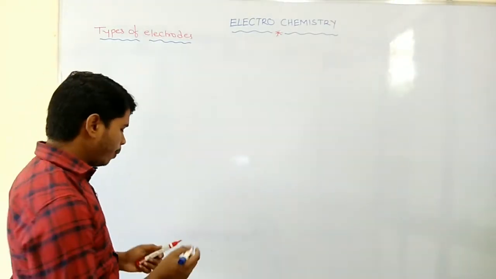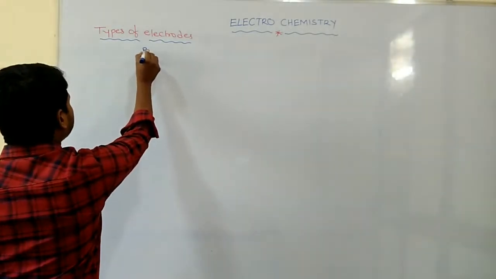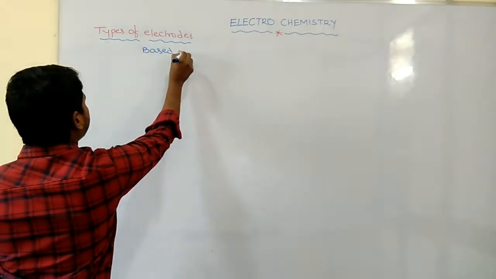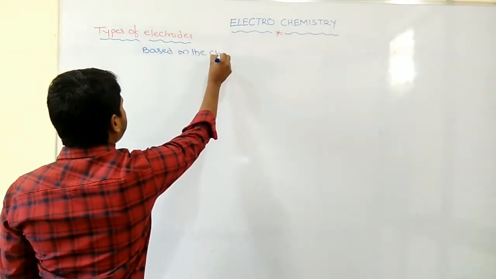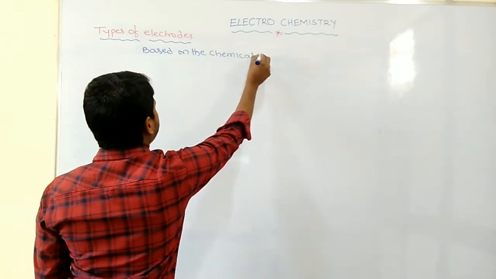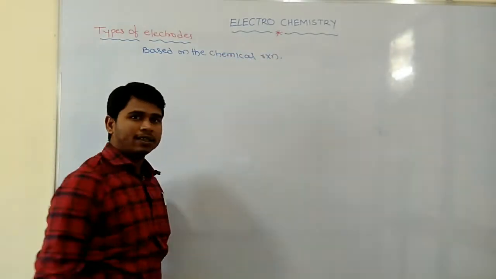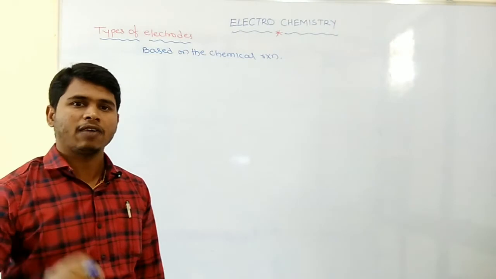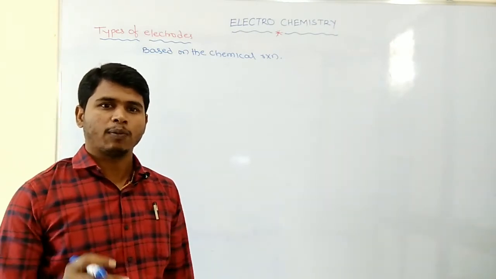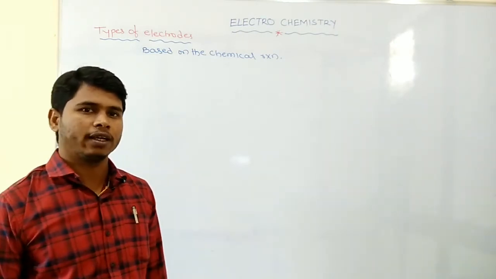Based on the chemical reaction in a half cell, the electrodes are broadly classified into four categories.